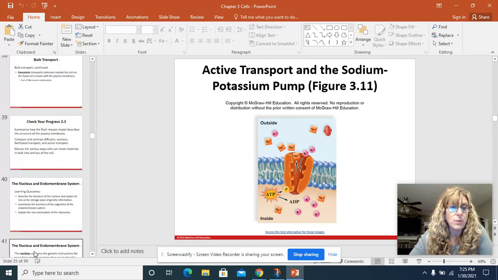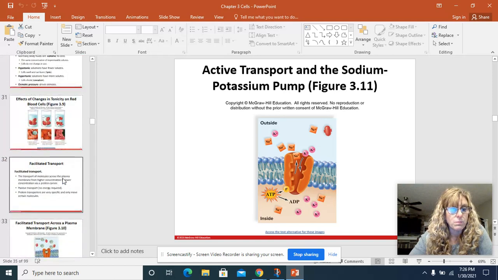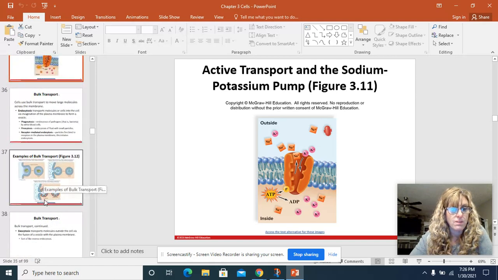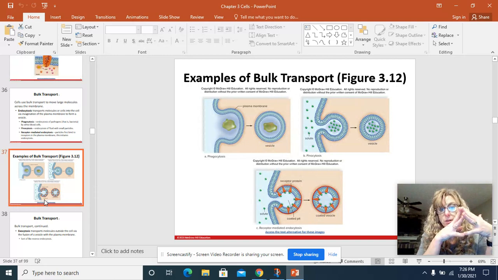So when we think about bulk transport, bulk meaning big, we're going to talk about exocytosis and endocytosis. Those are your examples of bulk transport. Endocytosis is just taking in particles.